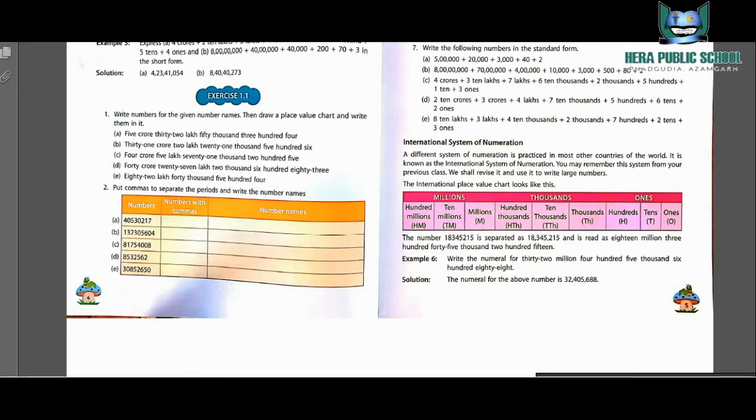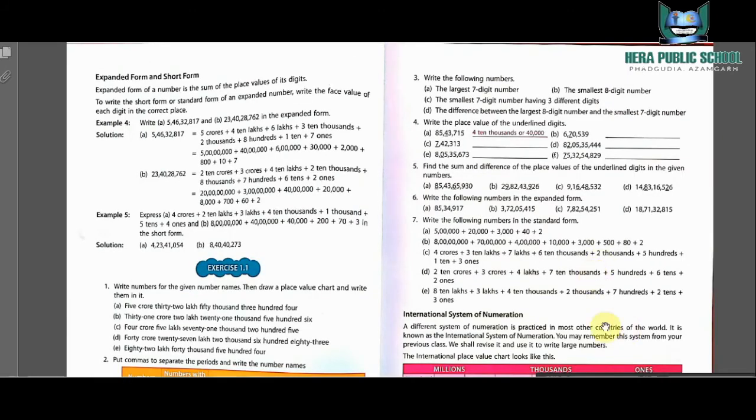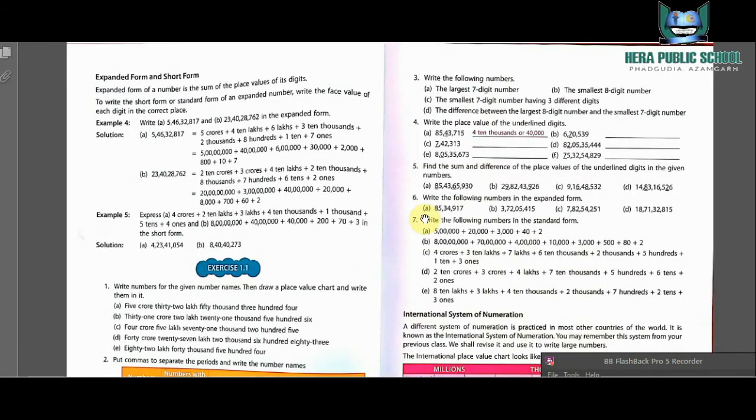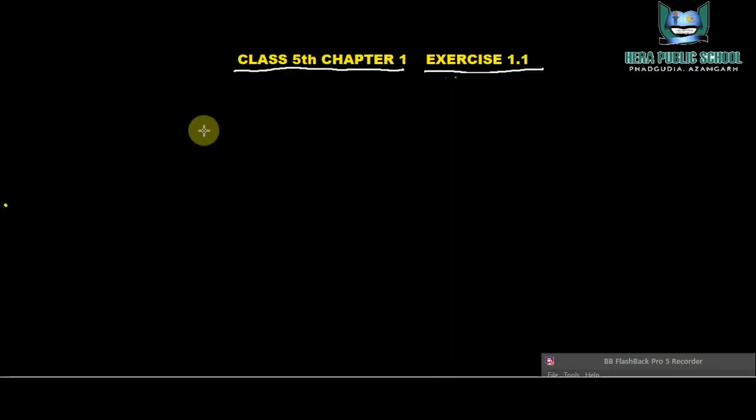Question number 3, write the following numbers. The largest 7-digit number. We have already discussed what is the largest number of the digit and what is the smallest number of the digit. The largest 7-digit number means 9999999. 1 2 3 4 5 6 7.